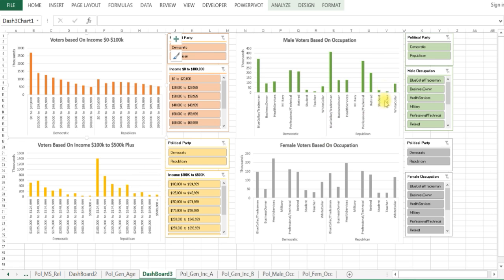And on the occupation side, I found this interesting, that I was listening in the news that blue collar voters are the ones who are actually running mostly the Republican Party. And I can see that the Republican Party has a lot of blue collar people who are voting for them.